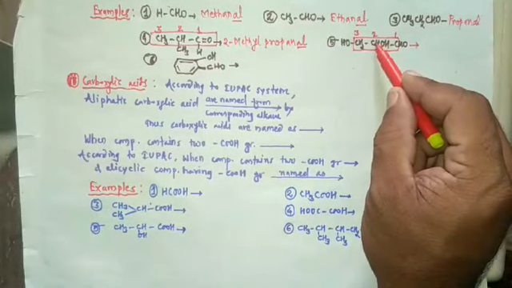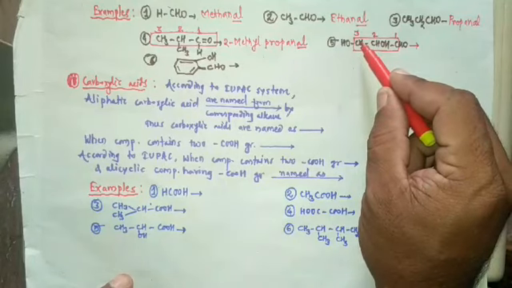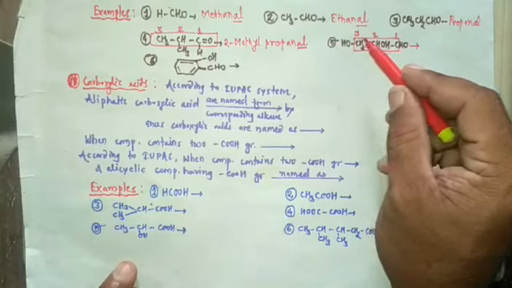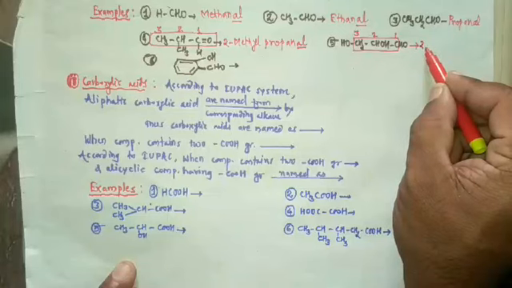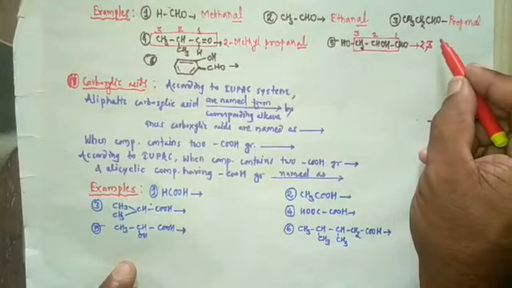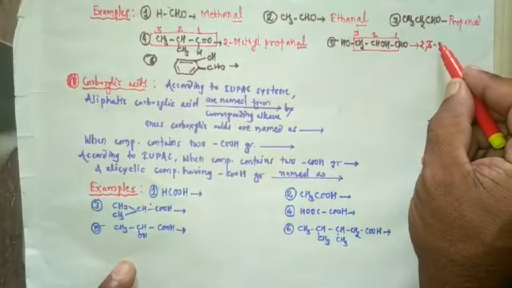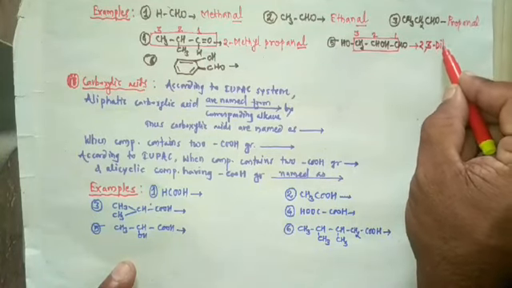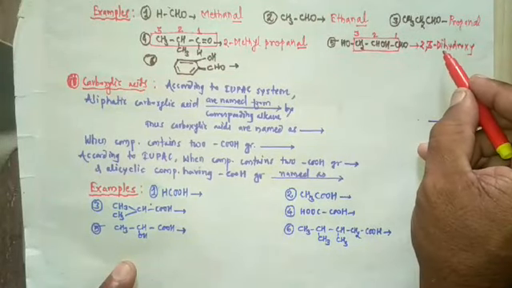On carbon atom 2 a hydroxyl group is present, and on carbon atom 3 a hydroxyl group is also present. So we write 2,3. Two hydroxyl groups are present, so use the prefix di: 2,3-dihydroxy.